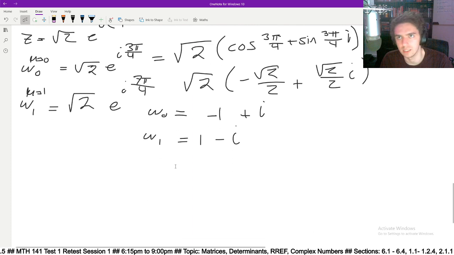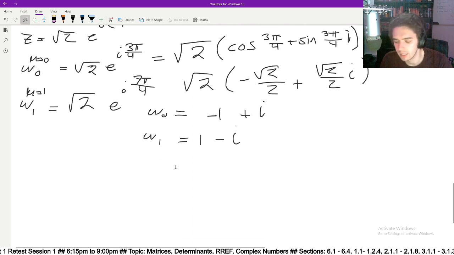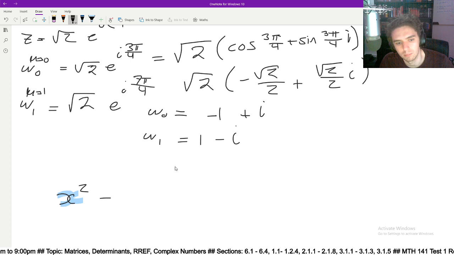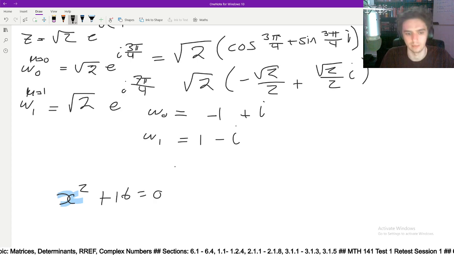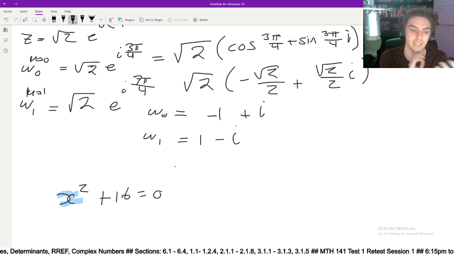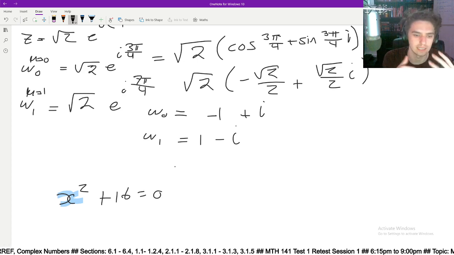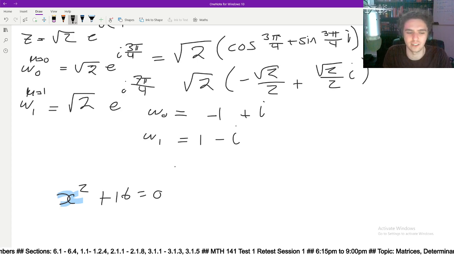And I'll just quickly mention the linear. The other question I was going to do gives you something like x squared plus 16 equals 0. Obviously, you can solve this for the roots, but the question is asking to express this as multiplying linear factors together.